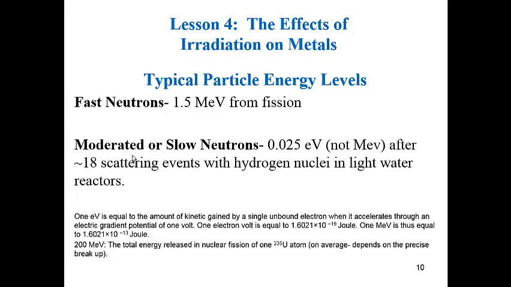It's not always the same elements that are formed. But the average energy is 200 MeV released in one fission reaction. So we're talking about some very high energy levels that are available to us, and that's of course the attraction of using nuclear fission as a source of electric power.